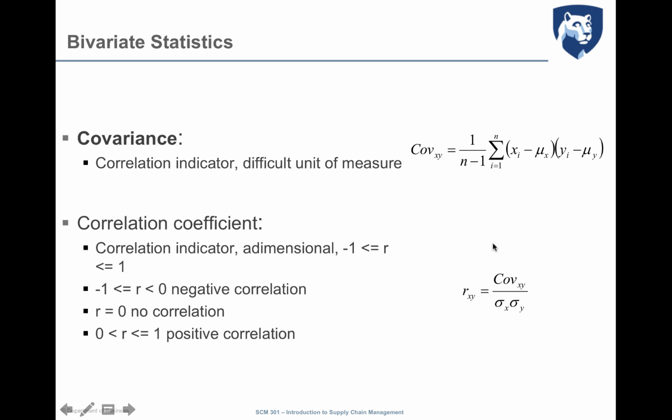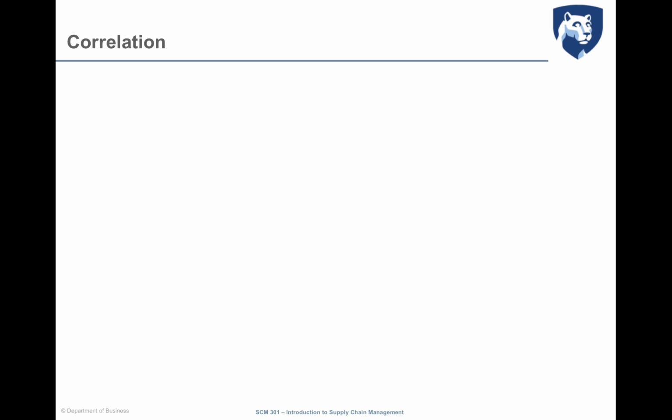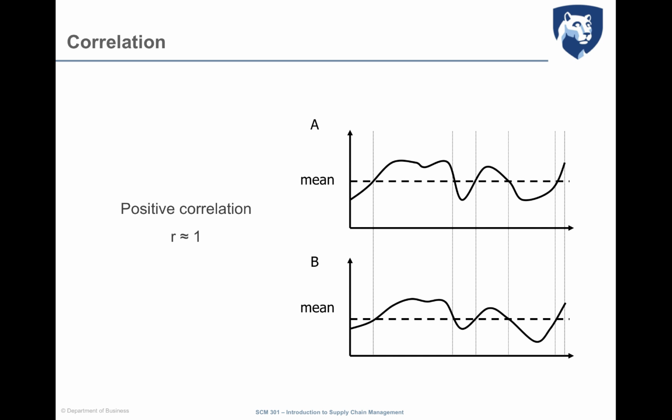I don't want to deep dive into this formula because it's all automated. You don't need to calculate anything, but just to give you the idea. For example, if you have a variable A and a variable B, you see that the trend is almost the same. So when you evaluate the correlation coefficient, which is named R, it will be similar to 1.